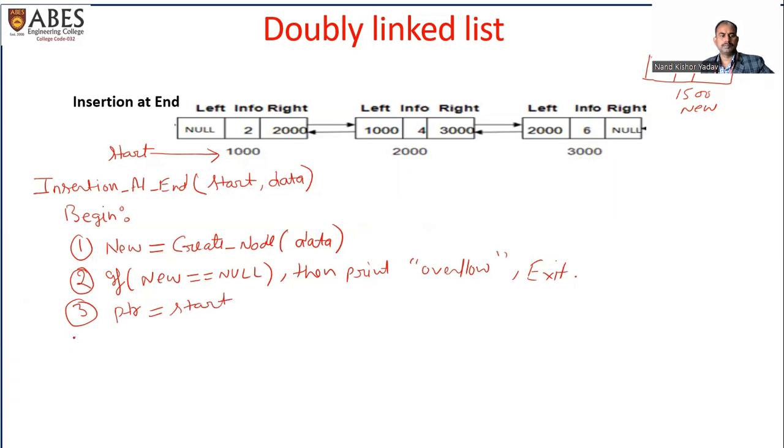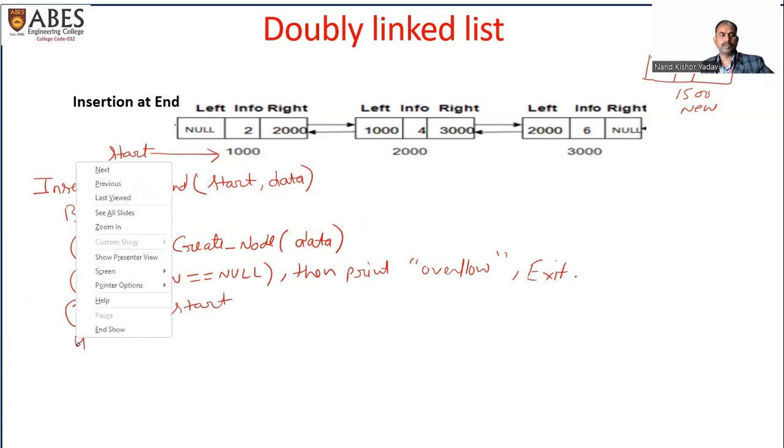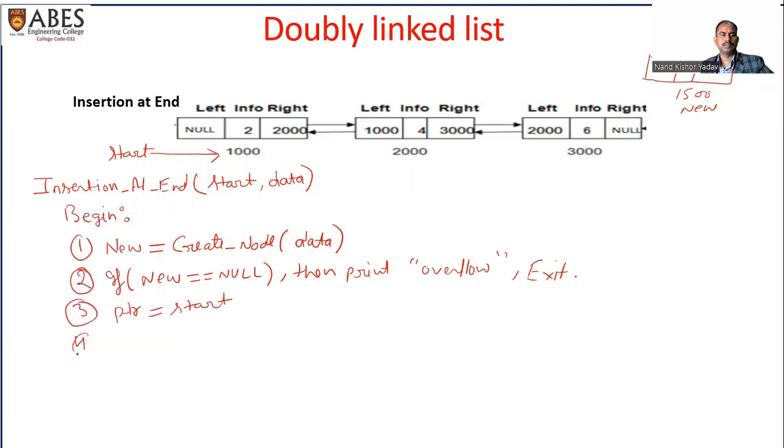In the next step, we have to move to the last node. For that, we have to write a loop here. So repeat while right of ptr not equal to null.